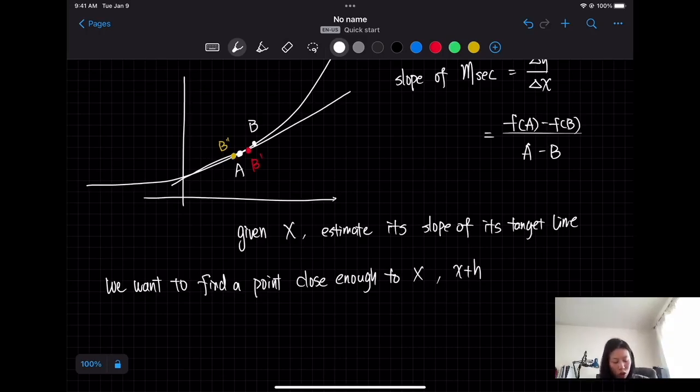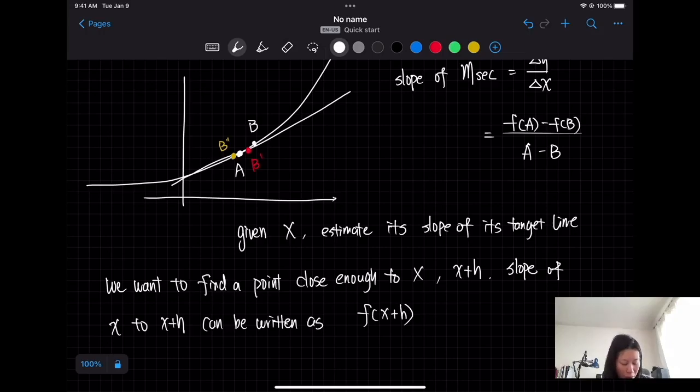All right, so the slope from x to x plus h can be written as the change of y over the change of x.